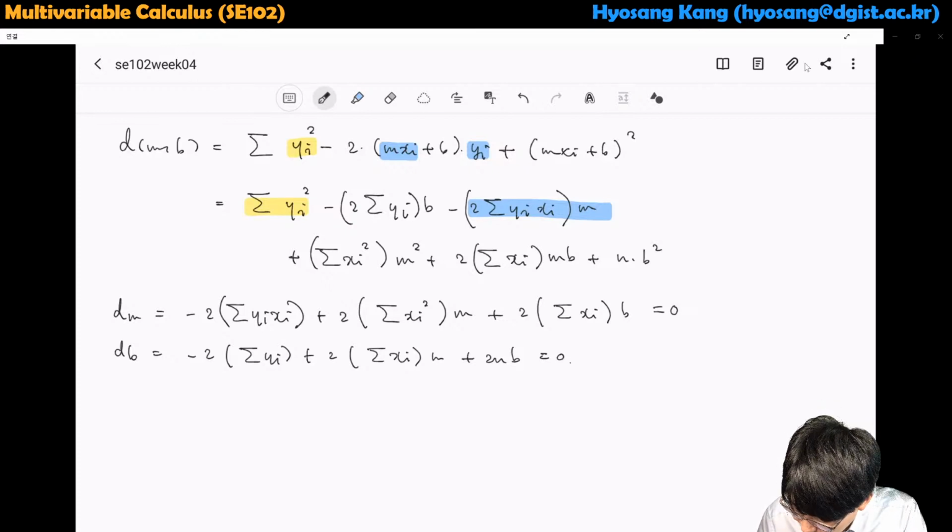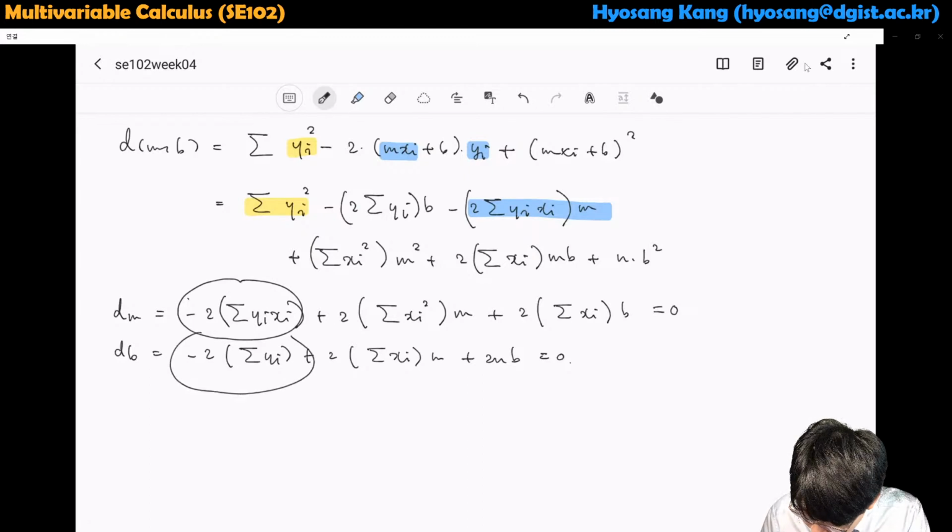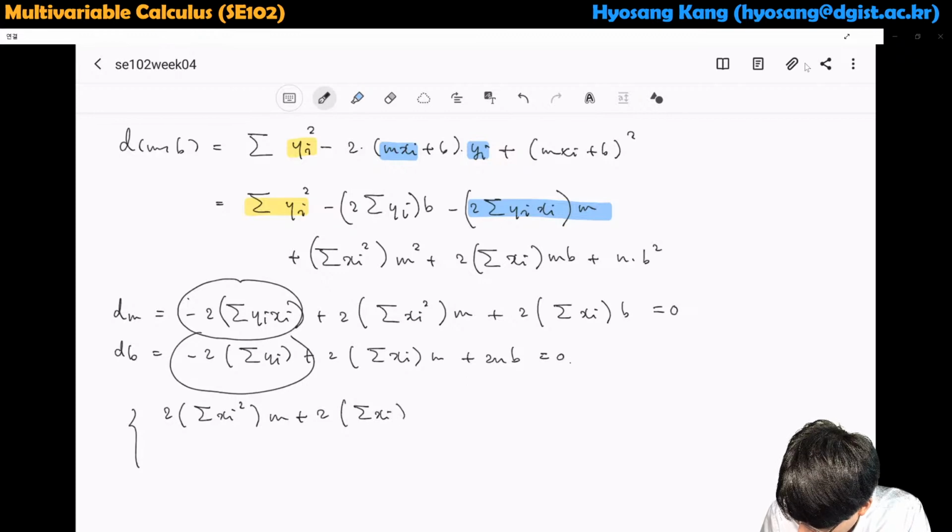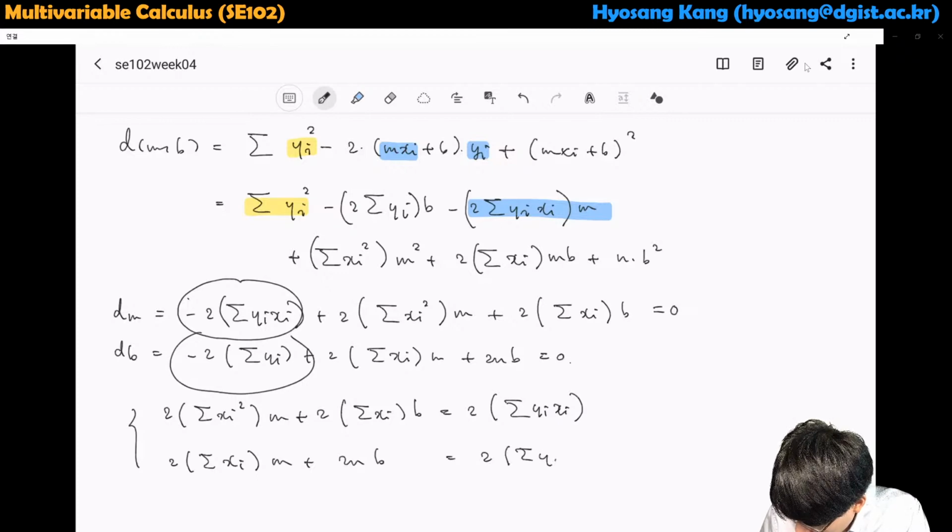So if I take these parts to the right hand side, this becomes 2 times Σxi² m plus 2 times Σxi b equals 2 times Σyi xi, and now this is 2 times Σxi m plus 2nb equals 2 times Σyi.